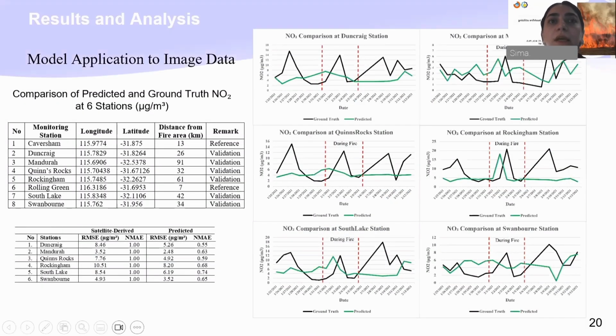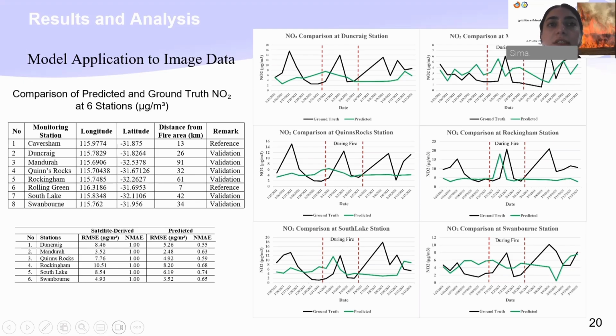The model was applied to the images pre-fire, during, and post-fire, and the nitrogen dioxide values predicted from the model were compared against ground truth data from 6 additional monitoring stations. Figures illustrate the comparison between the predicted and ground truth nitrogen dioxide data for each of the 6 validation stations.